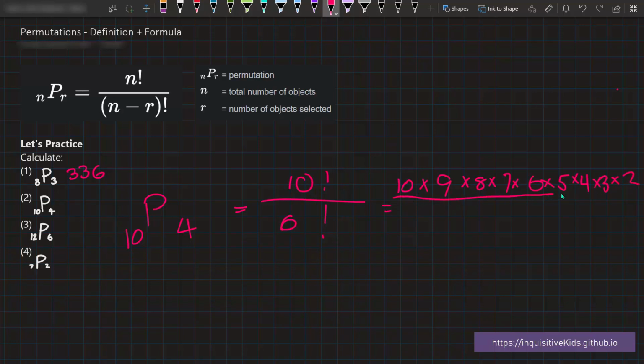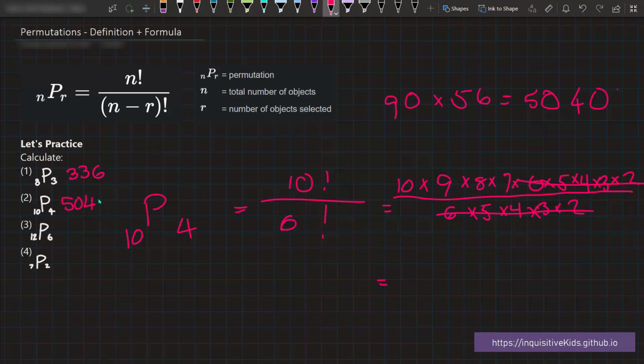And on the bottom, it would be divided by 6 times 5 times 4 times 3 times 2. Now canceling out the top and the bottom, we have 90 times 56, which gives us 5,040. So the final answer for number 2 would be 5,040.